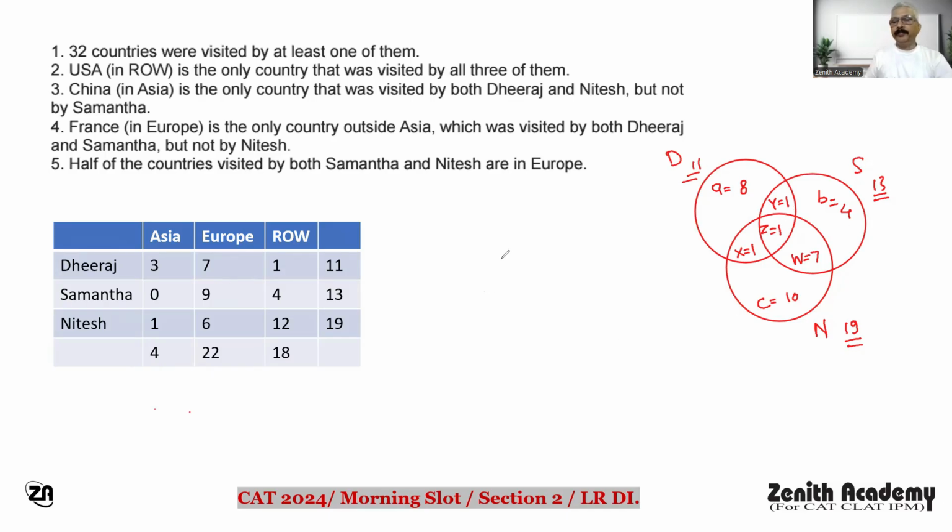Now see this point. Half of the countries visited by both Samantha and Nitesh are in Europe. See, Nitesh and Samantha both visited 7 countries together.